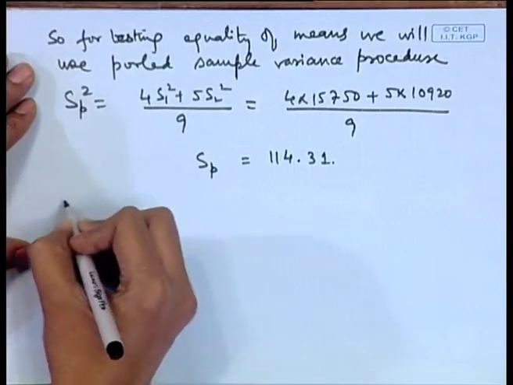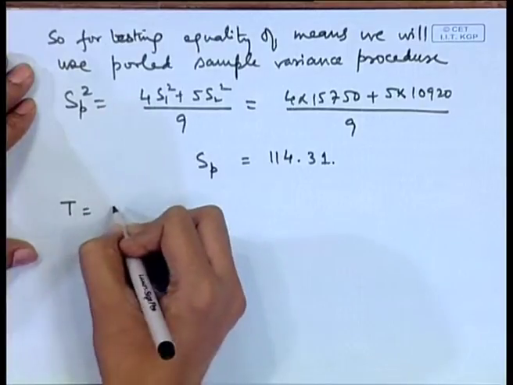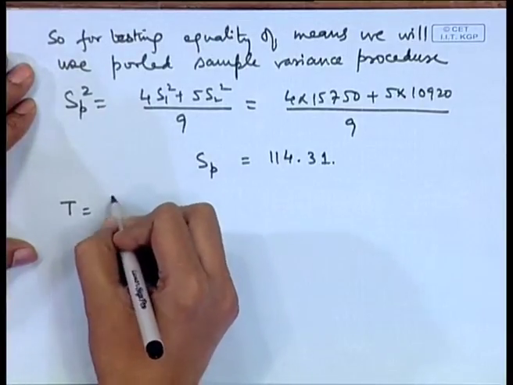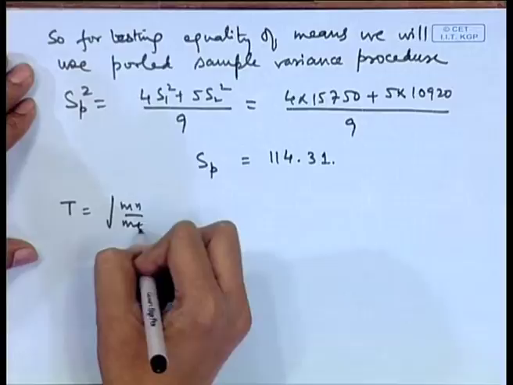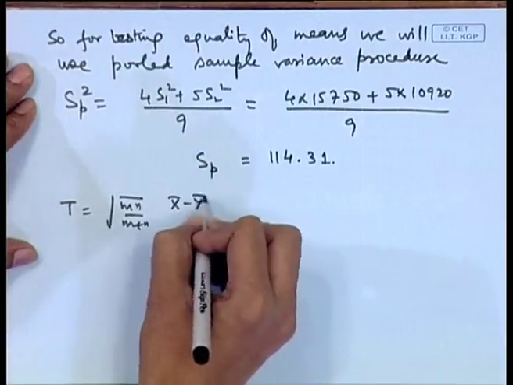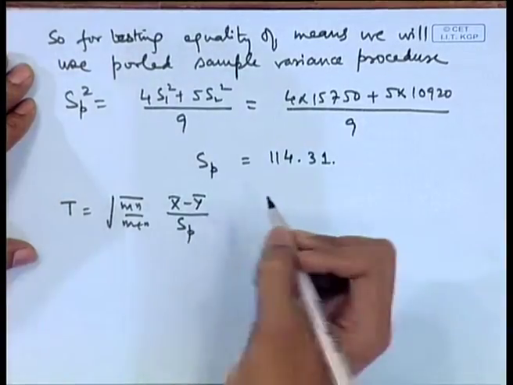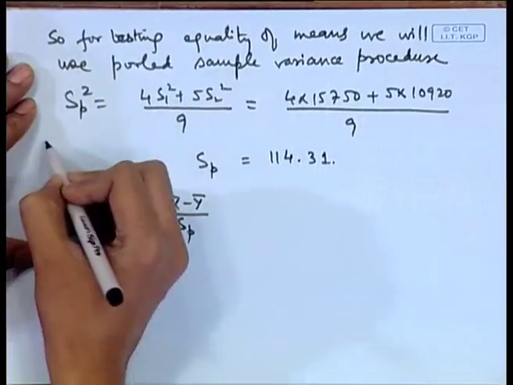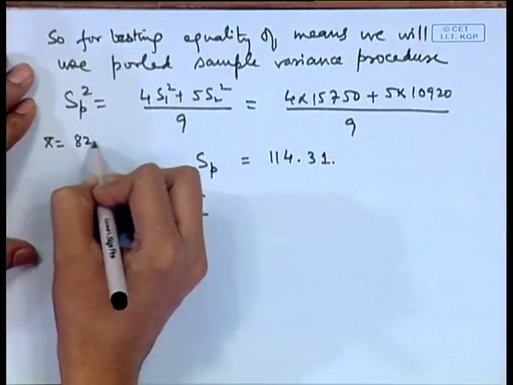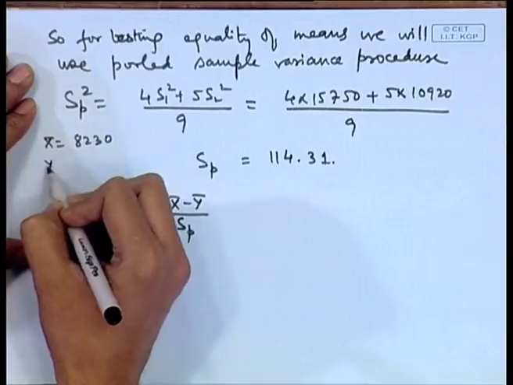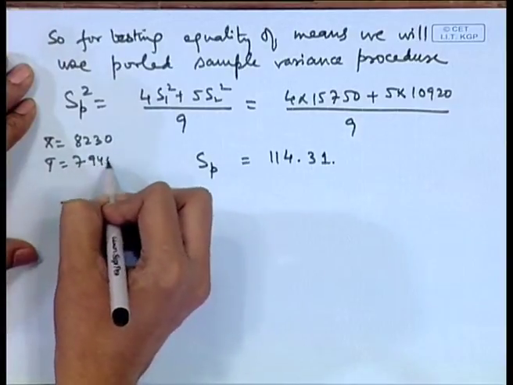So, if we calculate the t variable here, that is root m n by m plus n, x bar minus y bar by S p, then first thing we observe here is that x bar is equal to 8230 and y bar is equal to 7940.